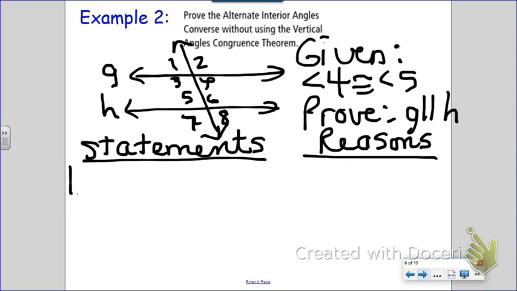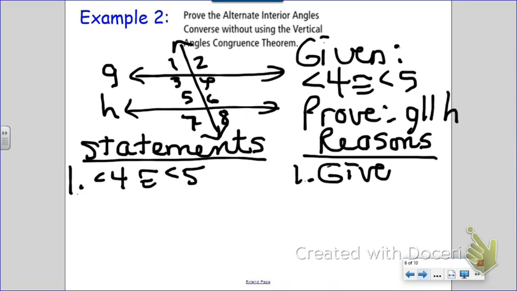We always start with the given information. Angle 4 is congruent to angle 5. That is given. Step 2. What else do we know? Take a look at the picture. We can't use vertical angles, so let's use some linear pair things.